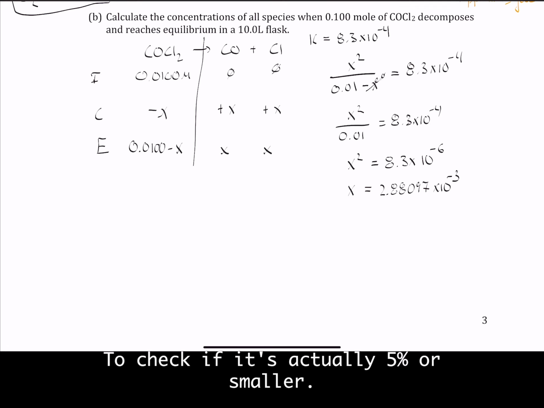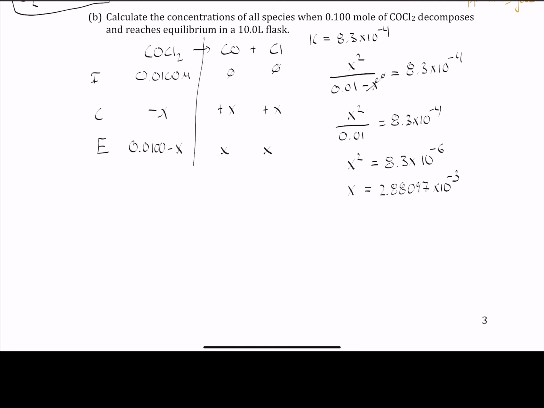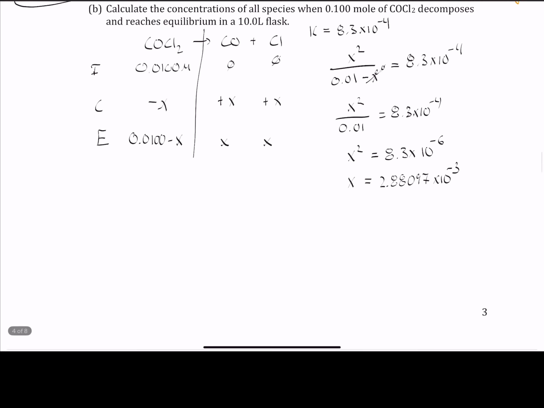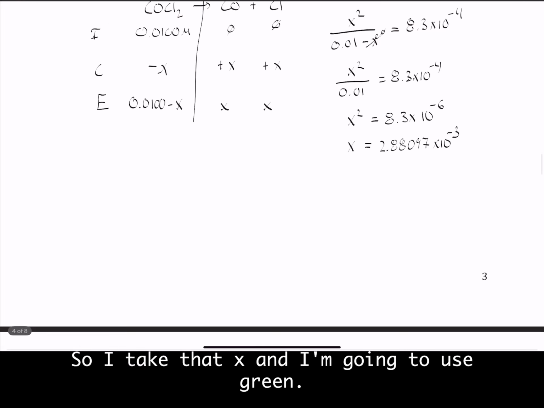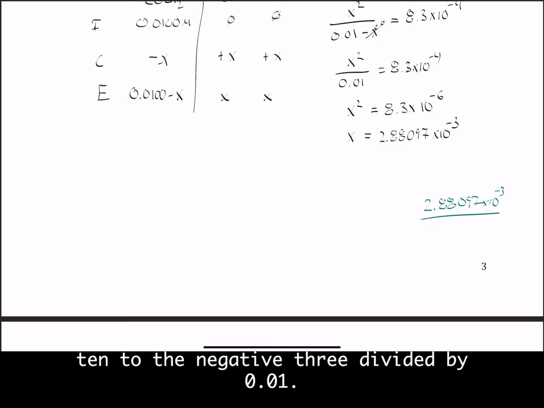Check if it's actually 5% or smaller. So I take that x, and I'm going to use green. 2.88097 times 10 to the negative 3 divided by 0.01.